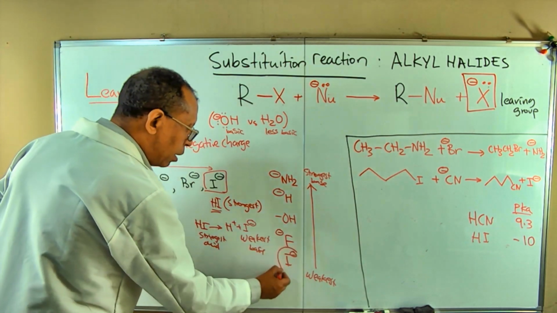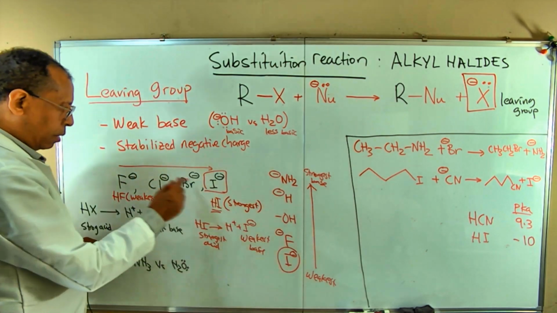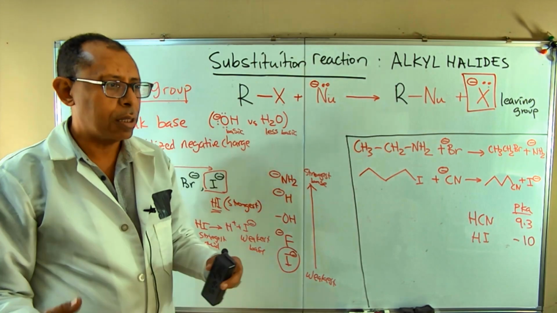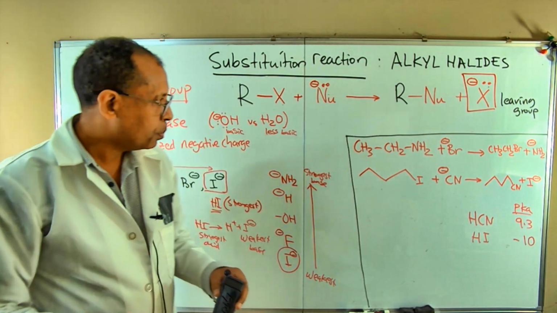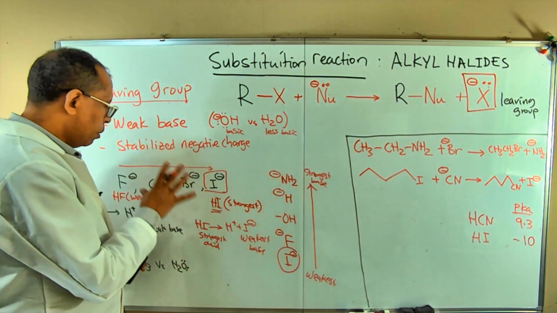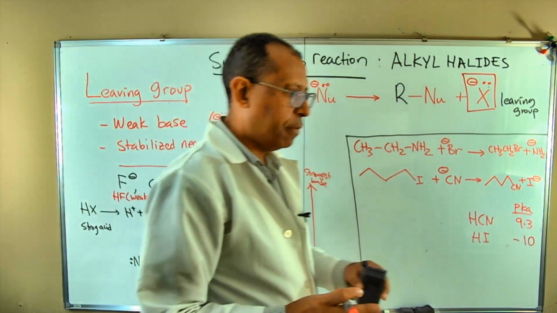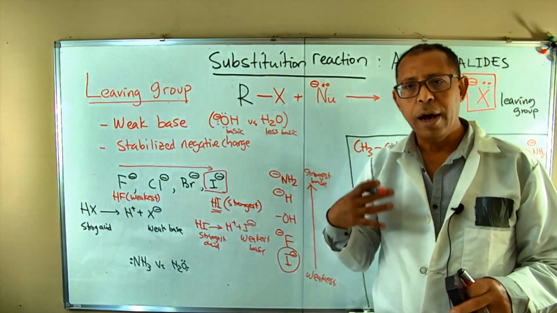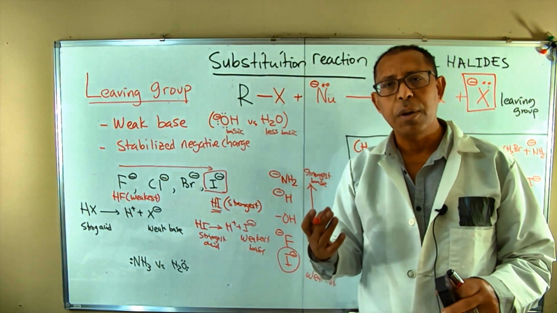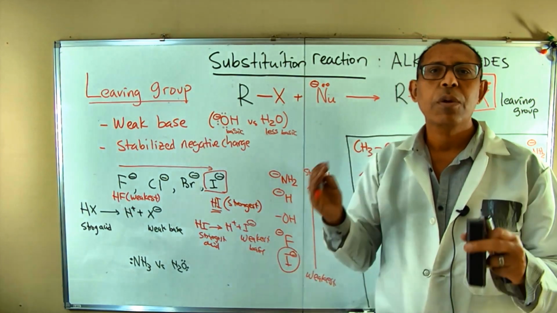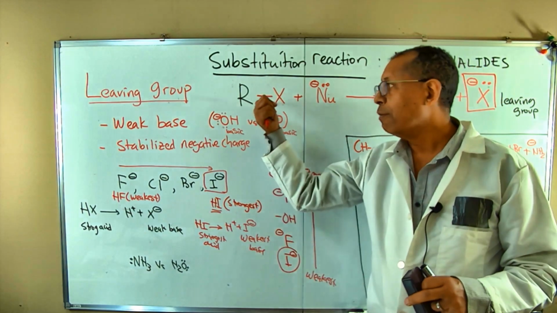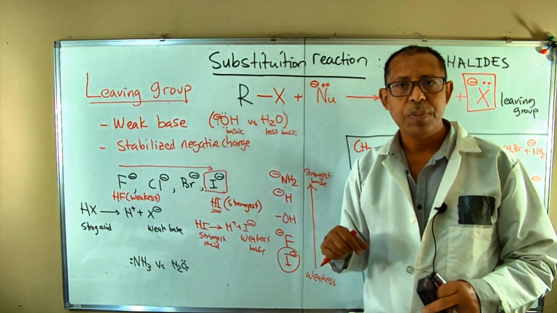Iodide, the weakest base in this series, would be something you would use as a leaving group. So the most important aspect of a leaving group is that it has to be a weak base after it has left. If it's not a weak base, it's less likely that it would leave the alkyl chain.